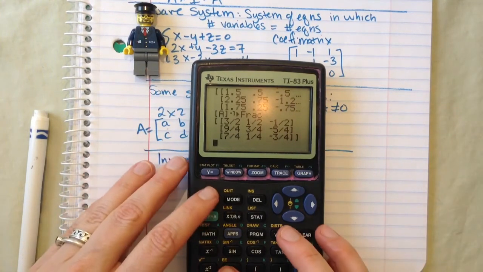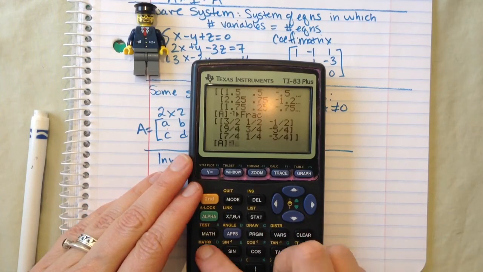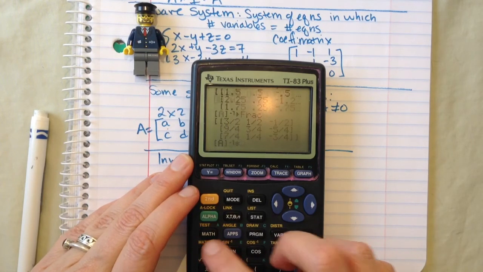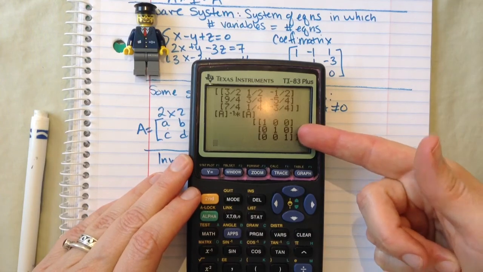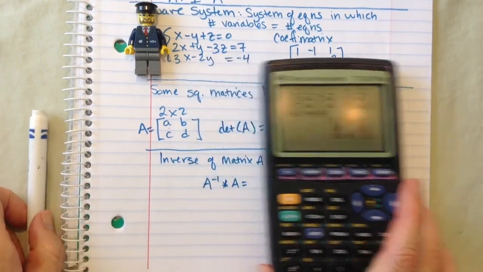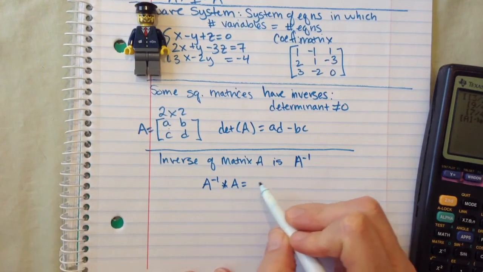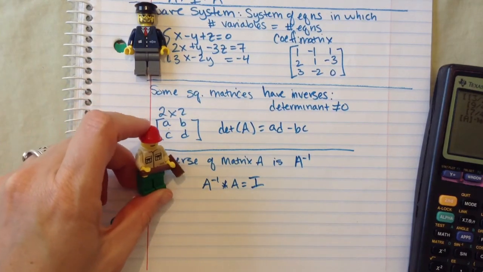But the question was, remember, what happens if I do a matrix inverse times the matrix? And I will get, look at that, the identity matrix. So if I do an inverse times the matrix itself, I get the identity matrix. All right, we're all done. Let's clean up out of here.